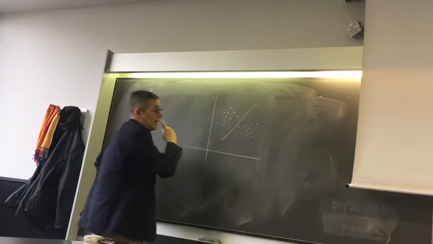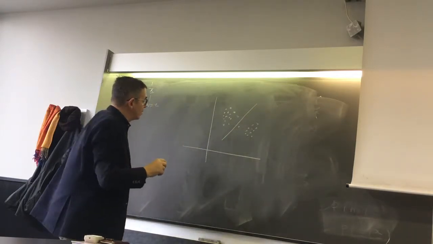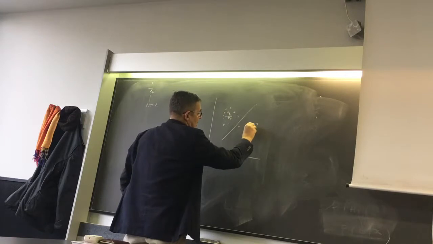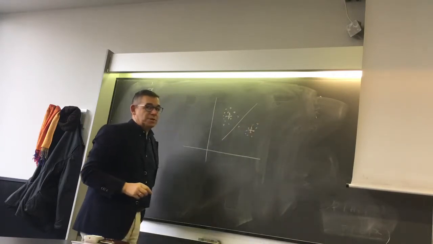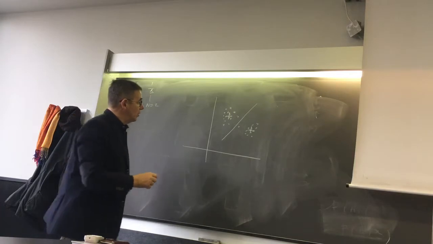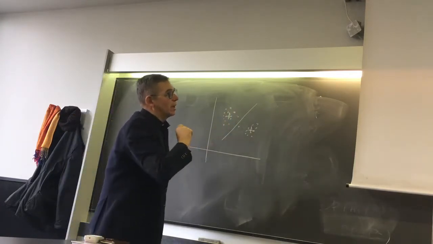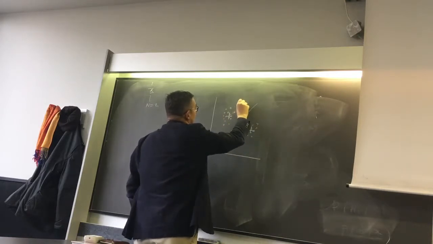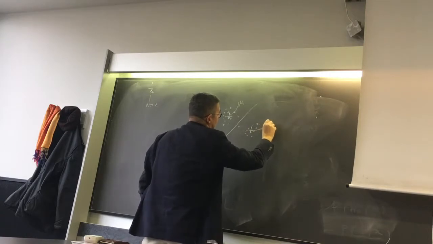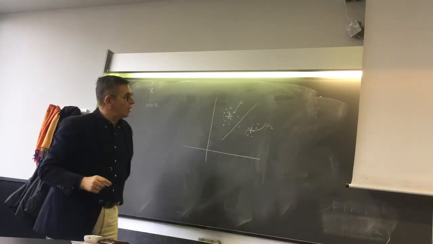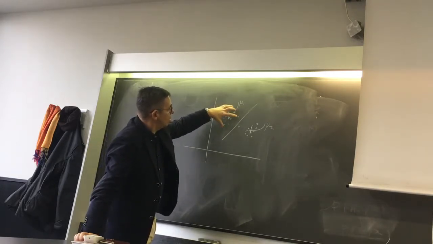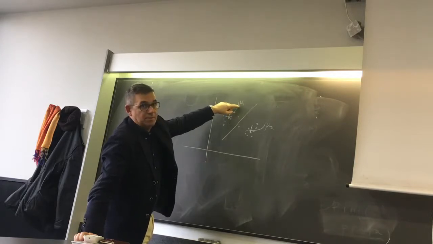It means that I can make two classes in this data, and then I can elect one point in each group, a new point. This point is represented by mu1, and this point is represented by mu2. Now I do the following. I represent any point belonging to this area as mu1.